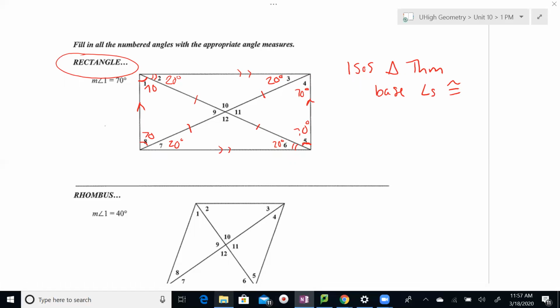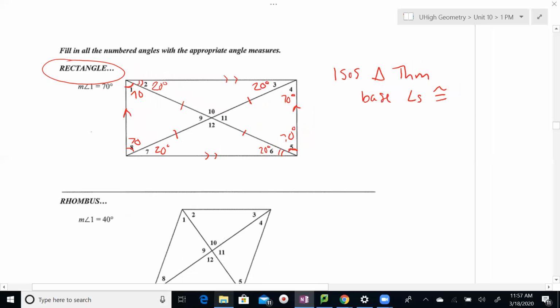Well, now if I look at each of my triangles individually, I can see that I have two different triangles, one that has base angles with 20 degrees and one that has base angles with 70 degrees. So I can use the third angles theorem and figure out what that third angle is going to be.